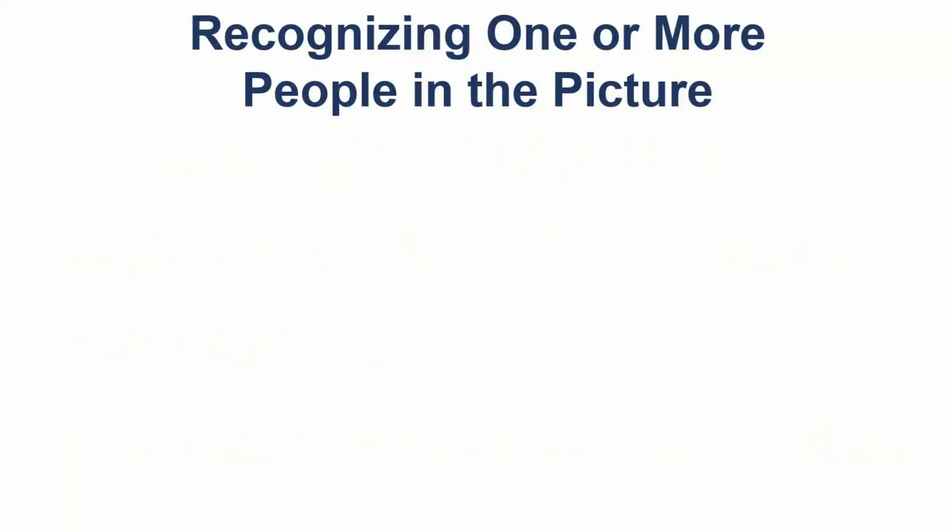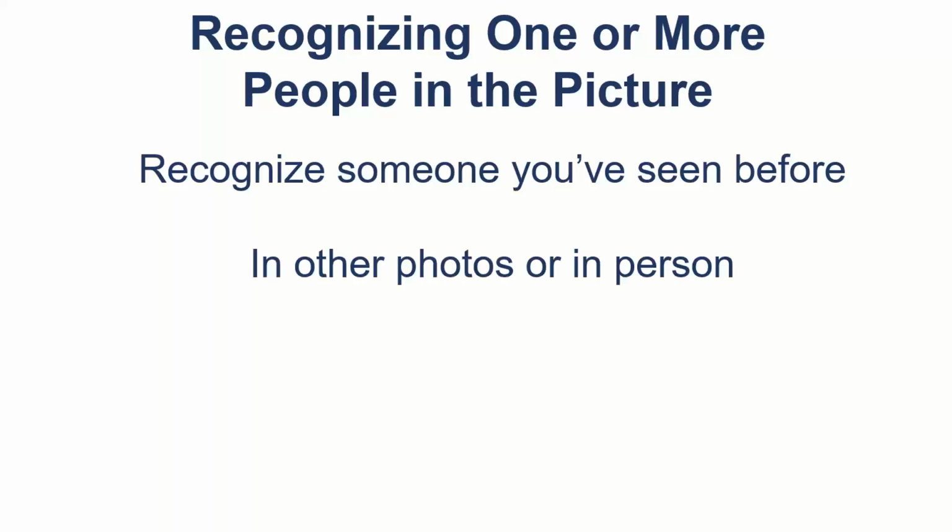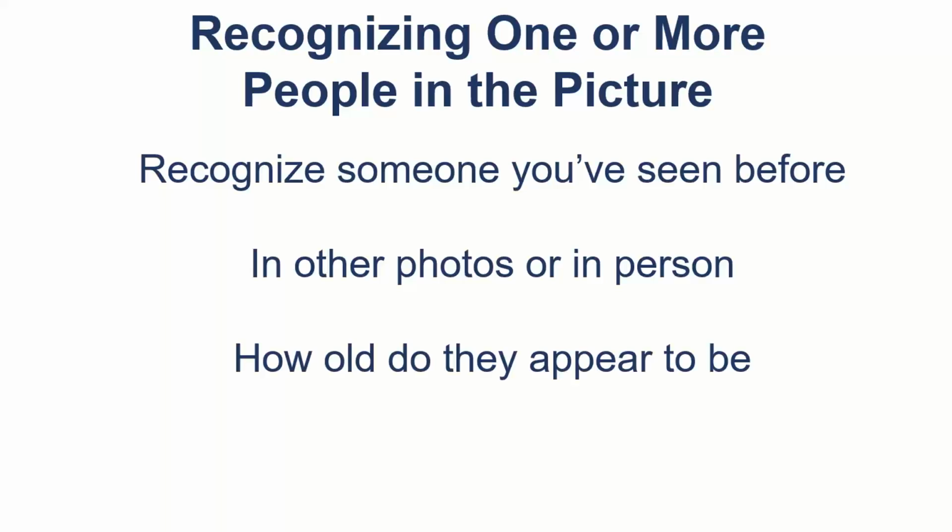Another helpful thing is if you recognize one or more of the people in the picture as someone you've seen before, or you've seen them in another photograph. How old do they appear? If you can recognize someone in the photograph, it will give you a clue to who the other people are. If you can tell, oh, that's great grandpa, he looks like he was about 15, that'll date the photograph and help you identify the other people in the picture.